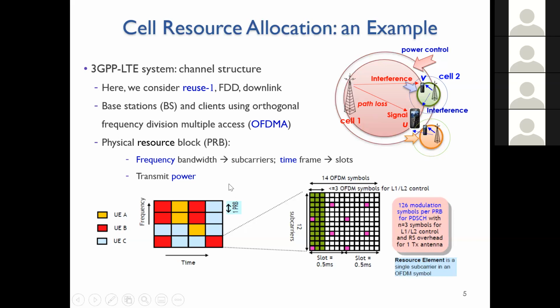What does it mean by resource block or frequency? Simply, you have your frequency spectrum and you divide it. Your frequency band can be divided into multiple subcarriers, such as this in the y-axis.